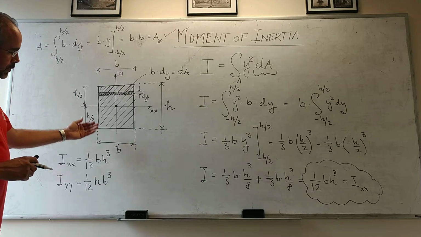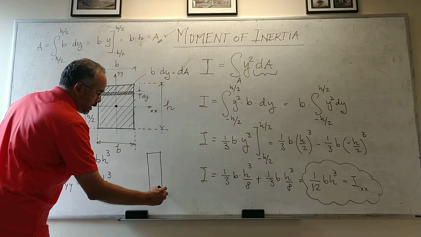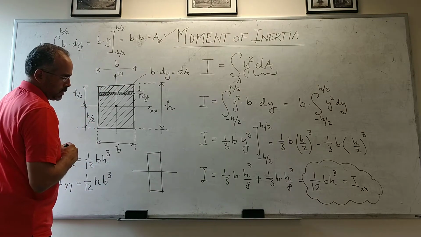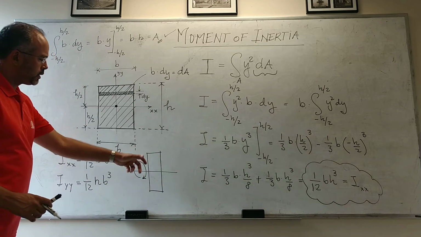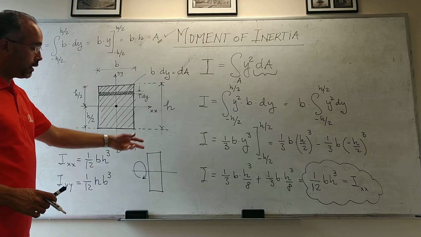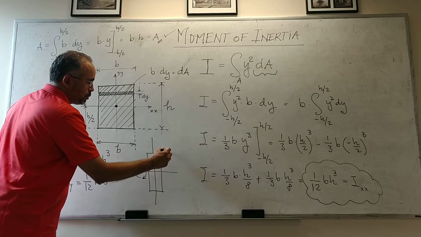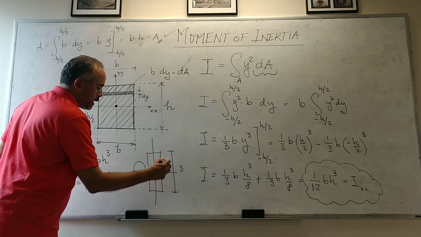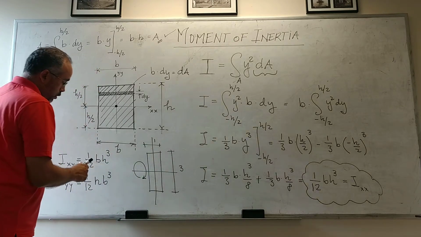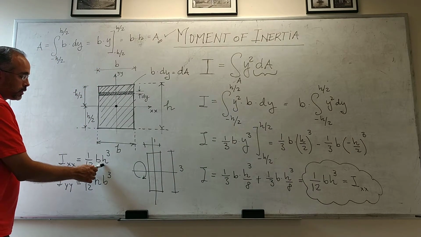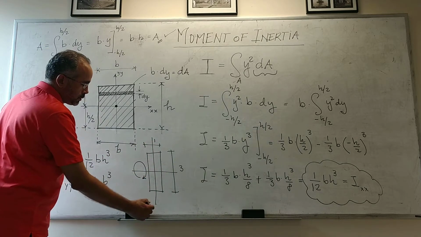As you can see, if you have a cross section that is kind of tall like that, then the moment of inertia around that axis is going to be significantly higher than the moment of inertia around the vertical axis. So suppose this height here was 3 and this width was 1, you are going to have something here that's going to be 9 times the inertia of this one.